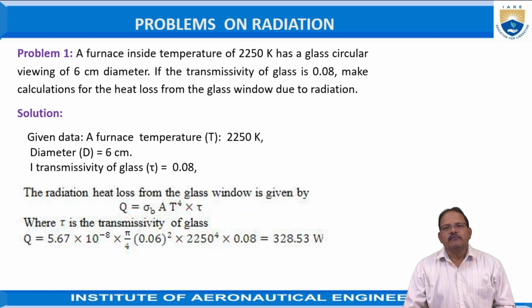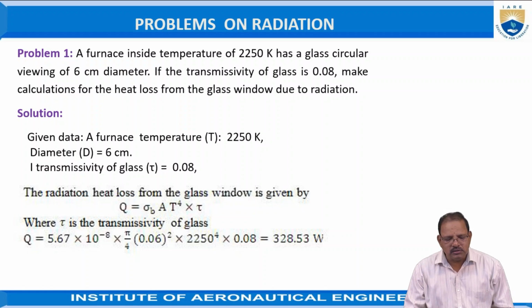So according to the formula, the radiation heat loss from the glass window is given by the equation Q is equal to sigma A T to the power of 4 into tau.